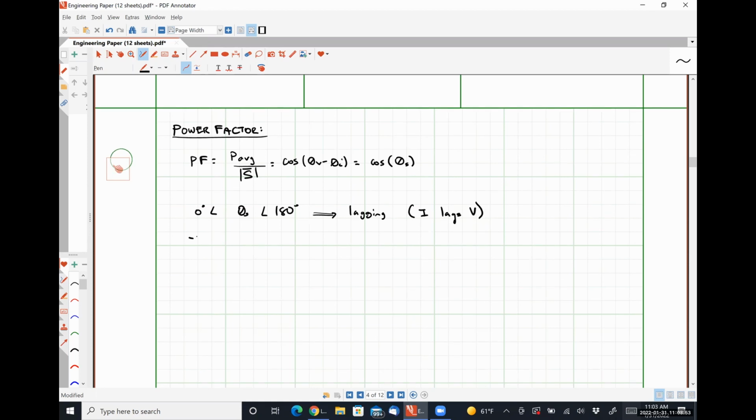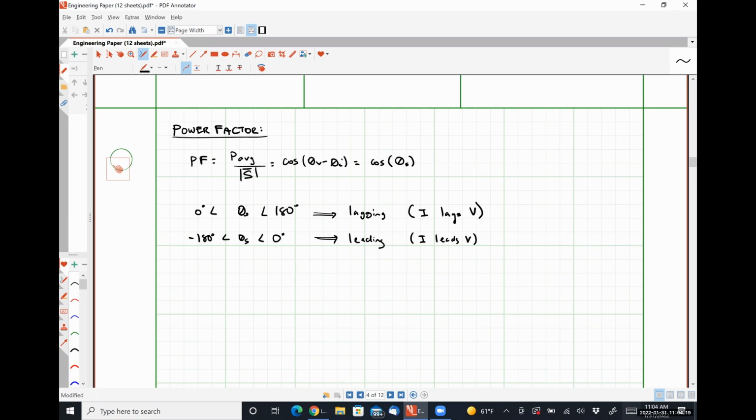And when our power factor angle is between -180 degrees and 0 degrees, our power factor is leading, meaning that I leads V.